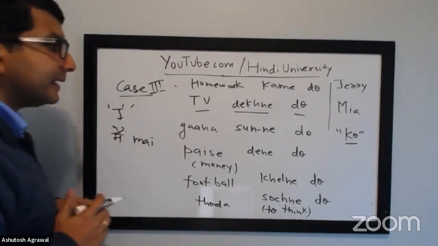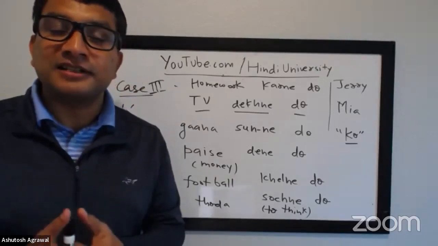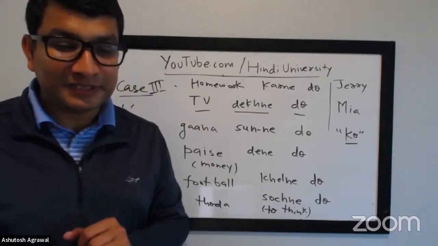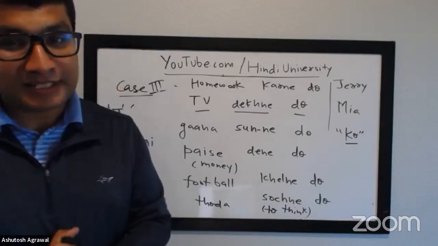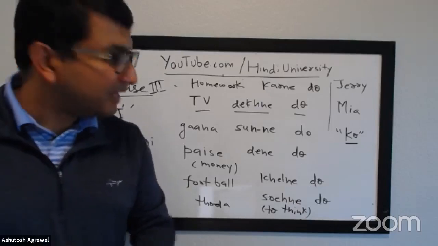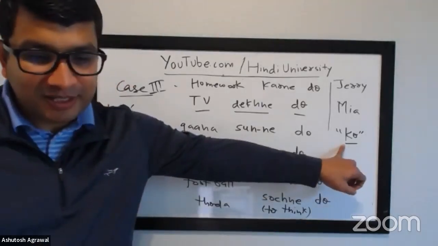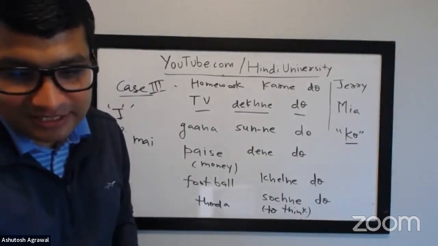Let's say I want to watch TV. Like our kids, they always want to watch TV, and say let me watch TV. How will you say that? It's not I, it's me now, and it should be governed by postposition ko, right?